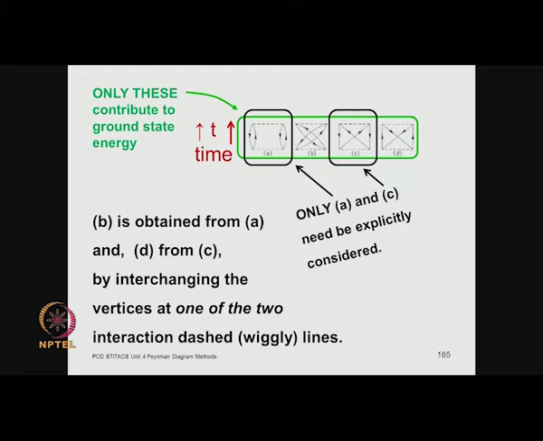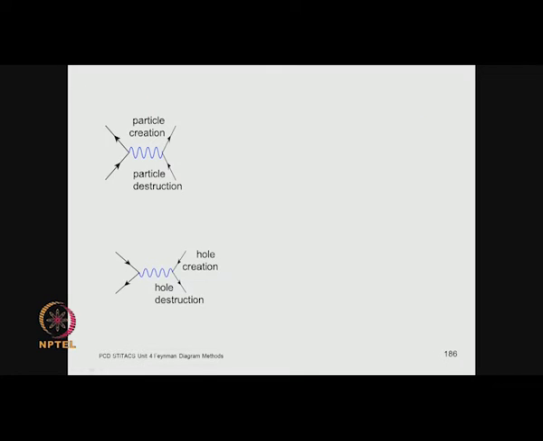If you just do that, you get the diagrams B and D. So, they come simply by swapping the vertices at one of the 2 interaction dashed lines. Okay. So, you do not have a lot of diagrams to work with, and essentially you have to work with only the diagrams A and C. So, let us get the diagrams A and C. We will focus our attention on A and C.